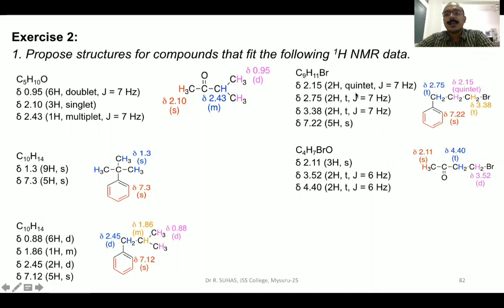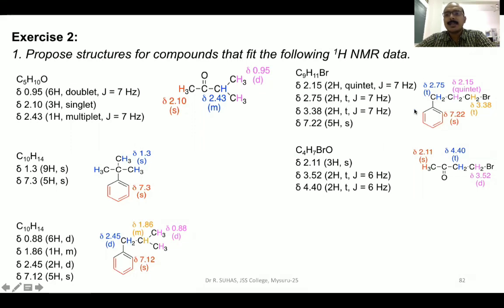So this quintet means it should have a neighbor of 2 plus 2. So this should be the middle carbon. This is terminal and this is also terminal, but there is Br and we have to check where to put the Br. The one which has the highest delta value, 3.38, there you have to put the bromine.